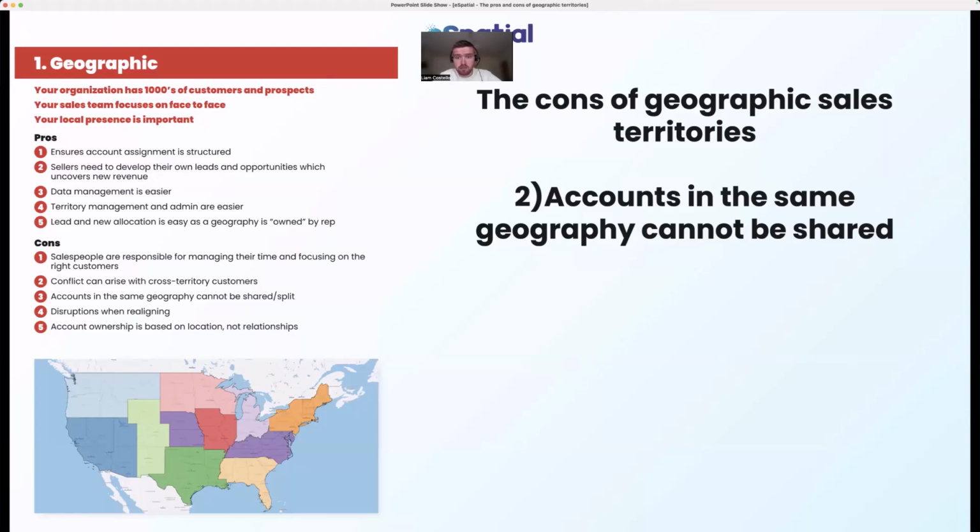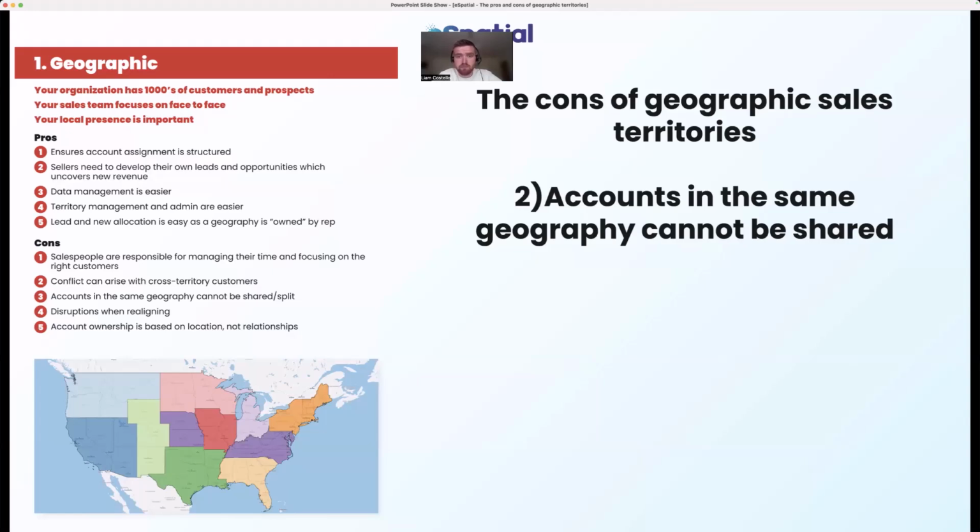We both sell products to two separate areas or divisions of the hospital. But the hospital building is in the same zip code, and they're two separate accounts. So this is a disadvantage of geographic territories, because you can't get more granular than zip codes. This is a definite con.